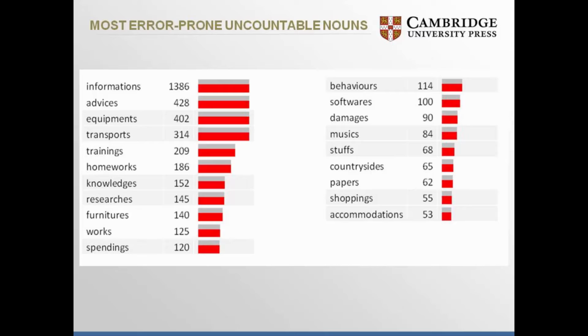Transports, trainings, homeworks, that's a great one. Knowledges, researches, furnitures, works, spendings, behaviours, softwares, damages, musics, stuffs, countrysides, papers, shoppings, accommodations. Now, what's interesting is they are not words you would be teaching at A2, are they?